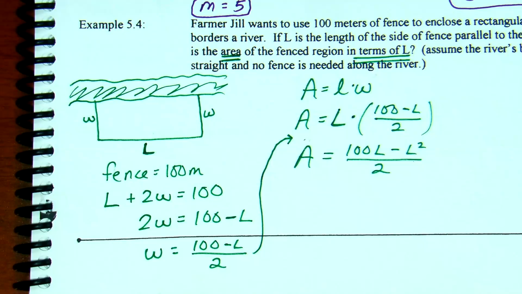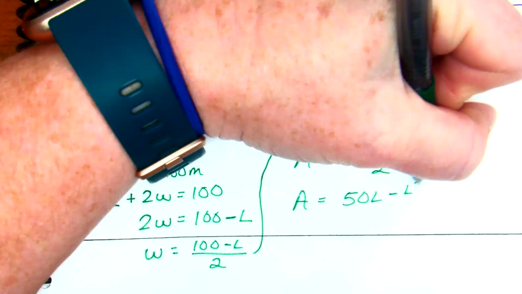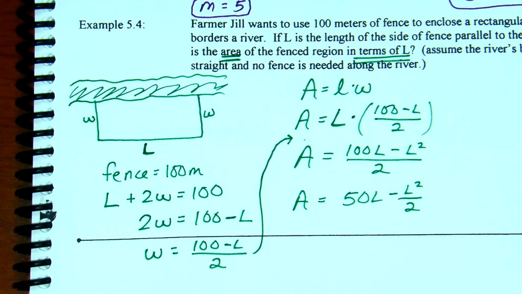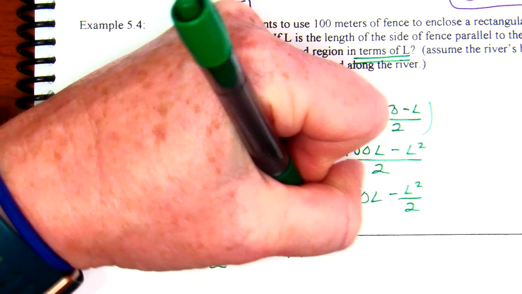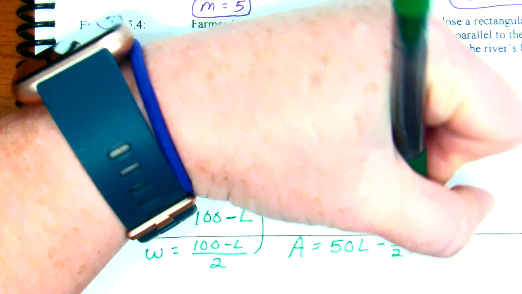Okay, so 100L divided by 2 could be written as 50L minus L squared over 2 is just L squared over 2. Okay, if you don't like L squared over 2, you could say 50L minus 1/2 L squared.